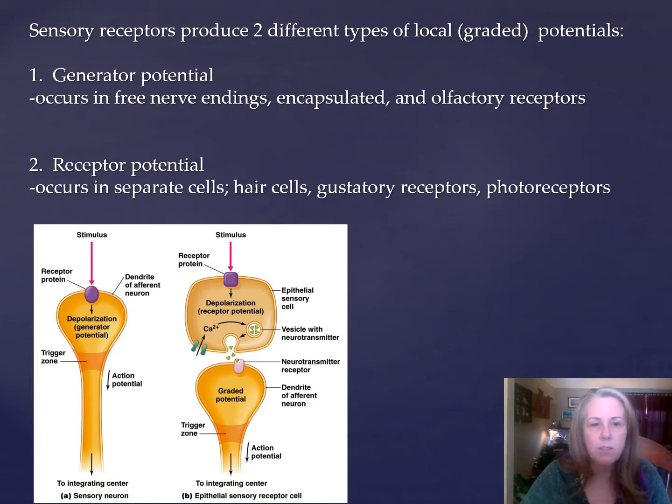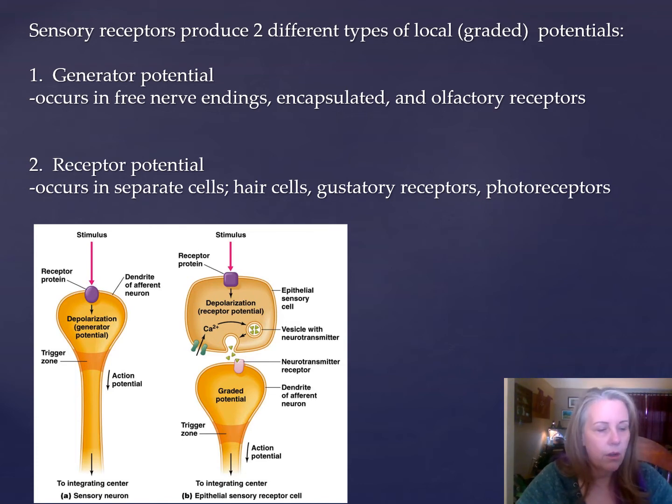The second type is a receptor potential. And receptor potentials occur in what we call separate cells. Not a really good name for that group, but they're called separate cells. The ones that are included in that group are hair cells, gustatory receptors, and photoreceptors.